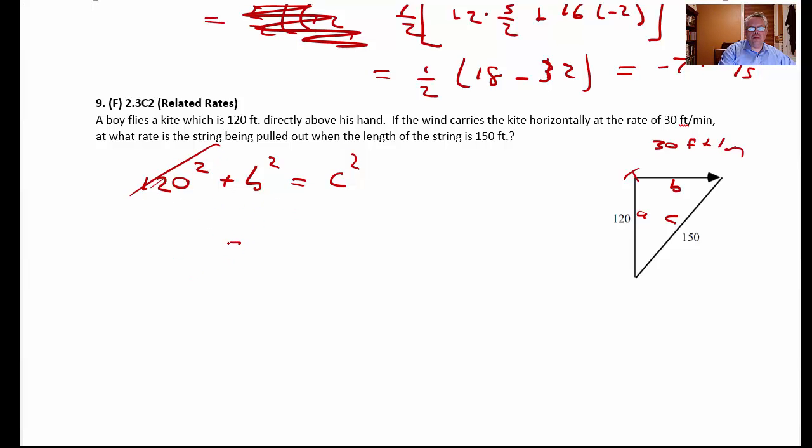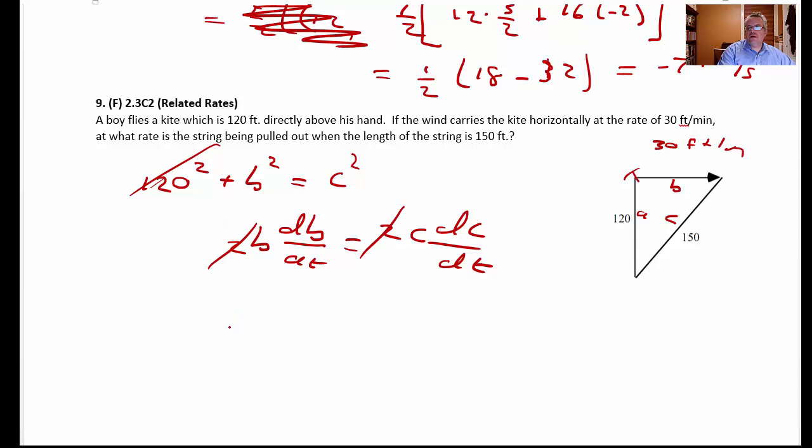So when I take the derivative, this is 0. So that's going to be gone. We have 2B dB/dt equals 2C dC/dt. In fact, we can get rid of the 2's. Okay, let's plug in what we know. Do we know B? Oh, we got to do the Pythagorean theorem again. So if you do the Pythagorean theorem, I think you get B is 90.